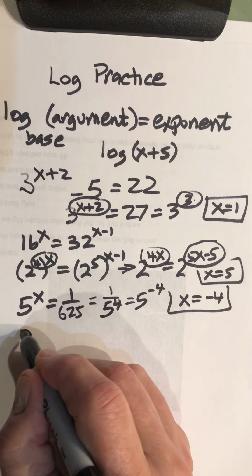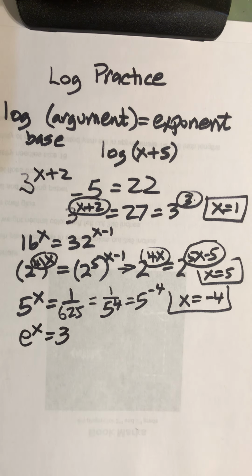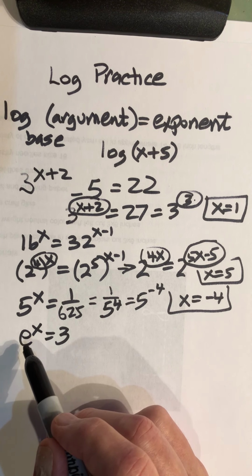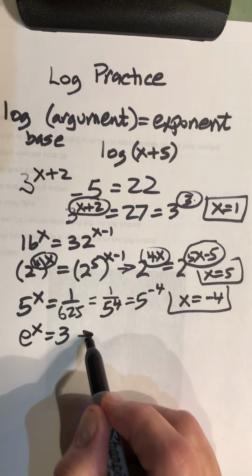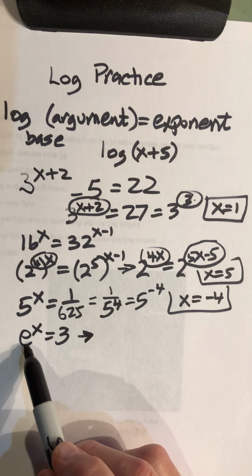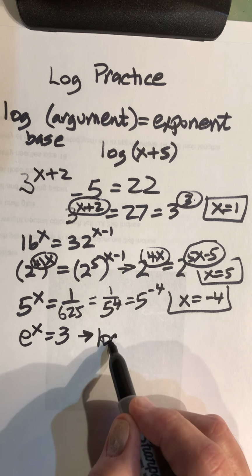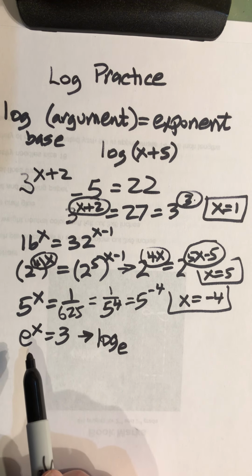e to the x equals 3. And I have to solve this for x. This is one of the reasons that logs are still helpful to us. I'm going to convert this to log form, and look what happens when I do that. I've got the base e, so this is actually log base e. All right, logs are exponents.